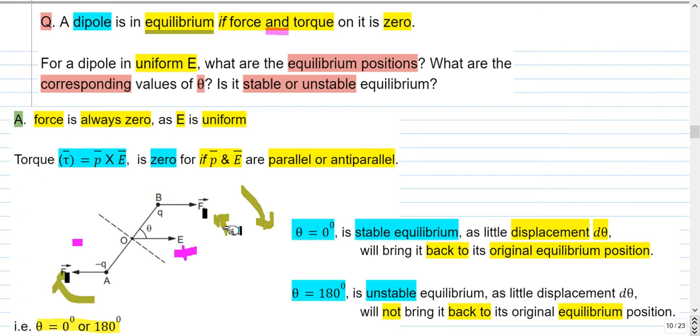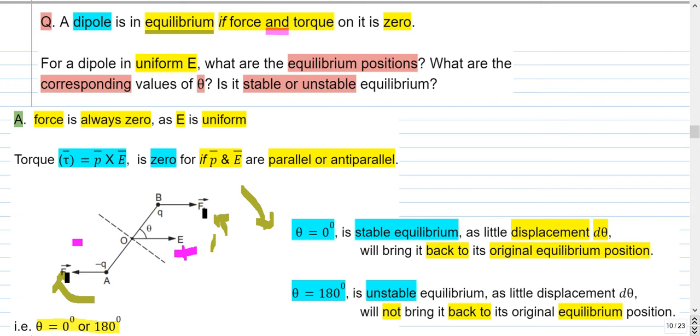So if you try to displace it by a small angle in the anti-clockwise direction, this restoring torque will bring it back to the equilibrium position. Similarly, if I try to displace this in the clockwise direction, the torque will act in the anti-clockwise direction and bring it back to the original position. So theta equal to 0 corresponds to stable equilibrium position.